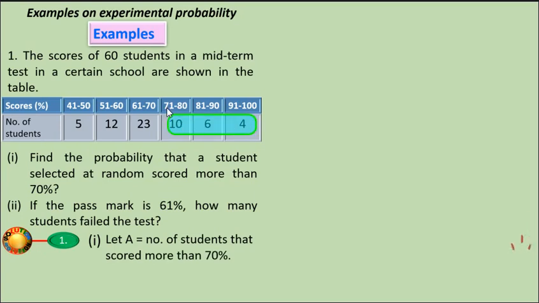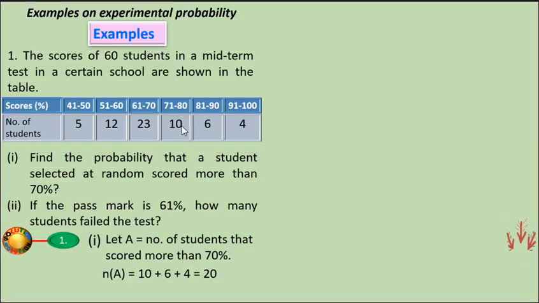More than 70 should be 71 to 80, 81 to 90, 91 to 100. You have 10 here, 6 here, and 4 here. So the number of events A, those who scored above 70, will be 10 plus 6 plus 4. If you add everything, we're going to have 20.